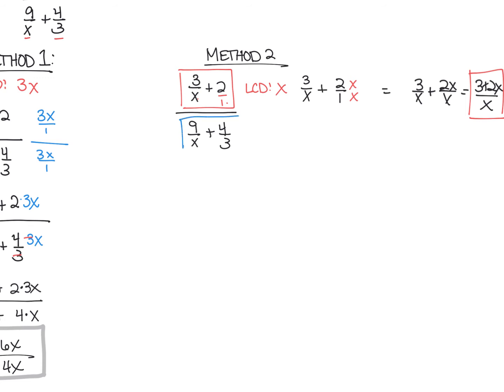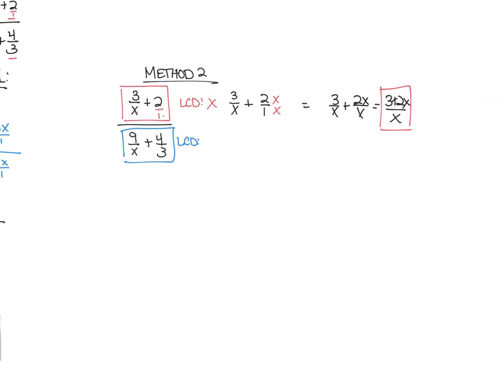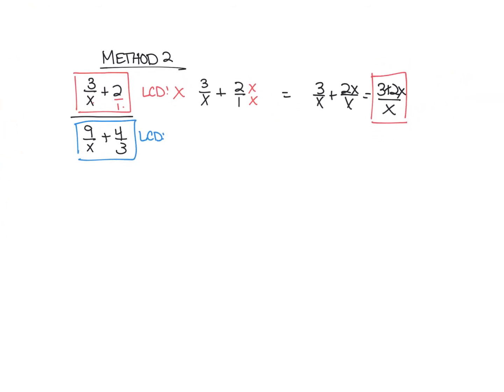Now I'm going to repeat that same process for the denominator. So I'm going to find a least common denominator for the denominator. And to do that, I see that my least common denominator here would be an x and a 3. I need both. So we'll call this 3x. And so I'm going to multiply each fraction by what's missing from the common denominator.